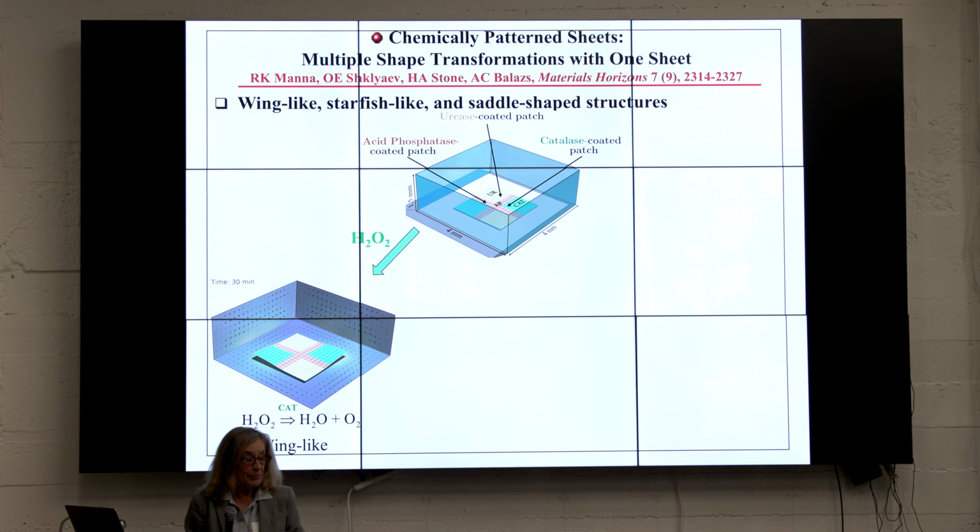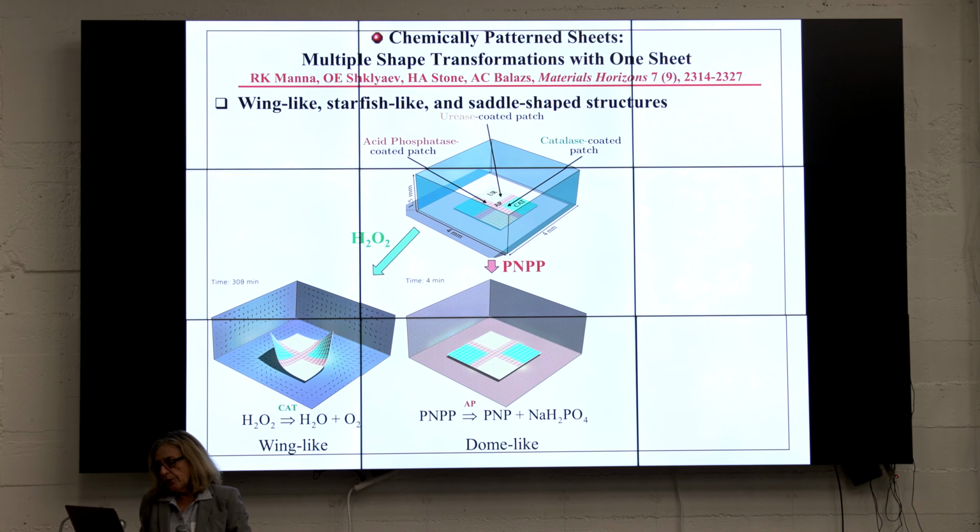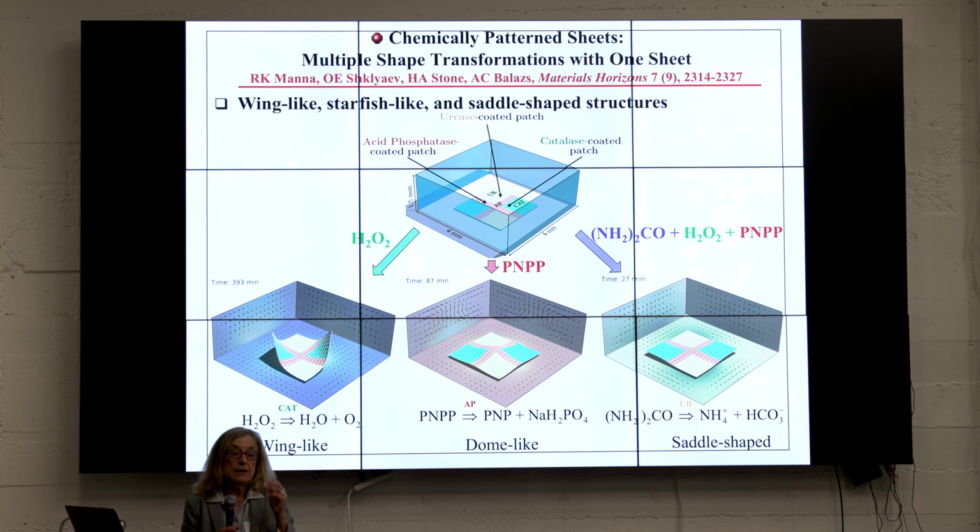The other example that we were really excited about is you can take the chemical sheet, and instead of cutting it into a pattern, you can impose a chemical pattern just by localizing the enzymes in certain regions. Being able to put chemistry where you'd like is critically important here. The really cool thing about catalysis is it's reaction specific.